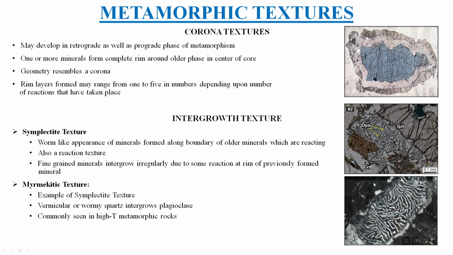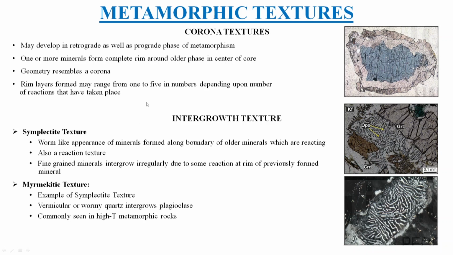And then you can also think of the corona texture that may develop in a retrograde as well as prograde phase of metamorphism. Retrograde means when your temperature and pressure are falling, prograde means when your temperature and pressure are increasing. So, one or more minerals form a complete rim around an older phase in the center of the core like this one.